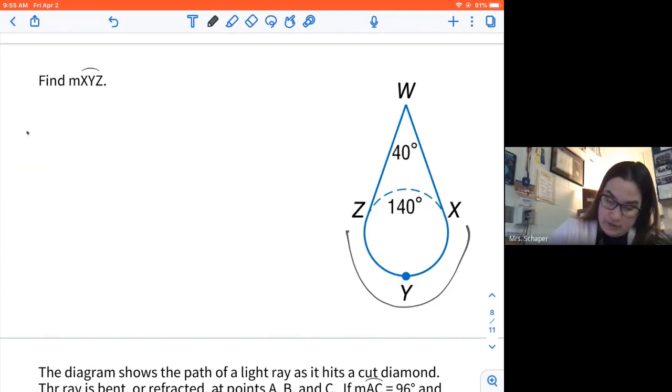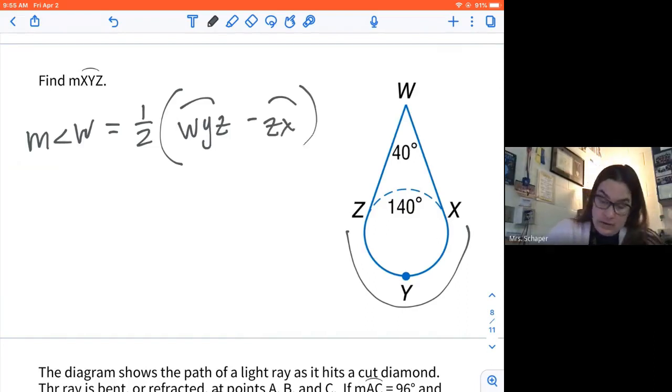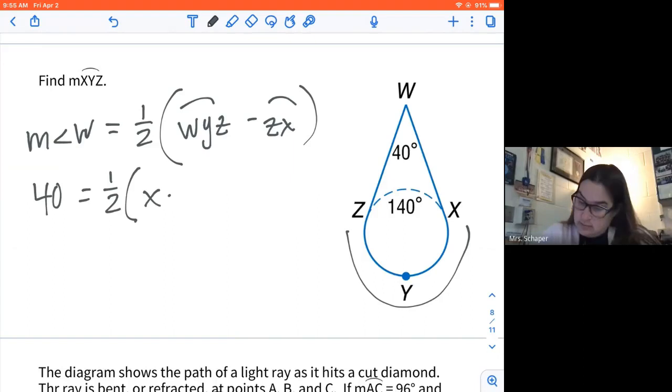So again, the measurement of angle W is equal to 1/2 times the difference of the arcs. So WYZ minus RZX. And I'm going to fill in what I know. That 40 degrees is equal to 1/2 times x minus 140.